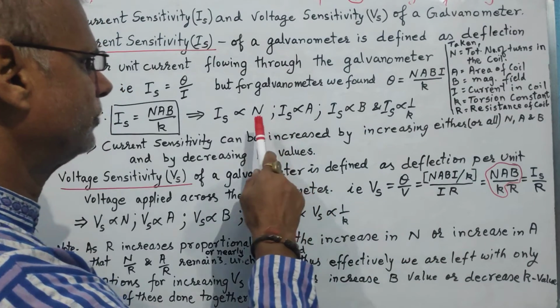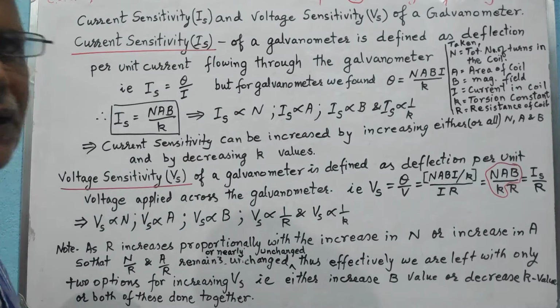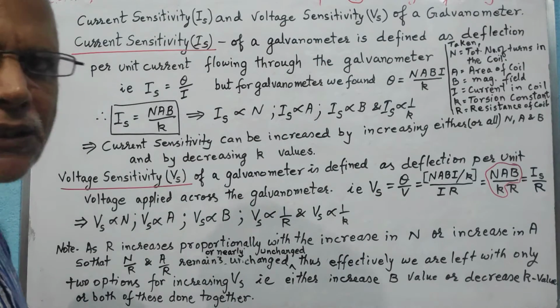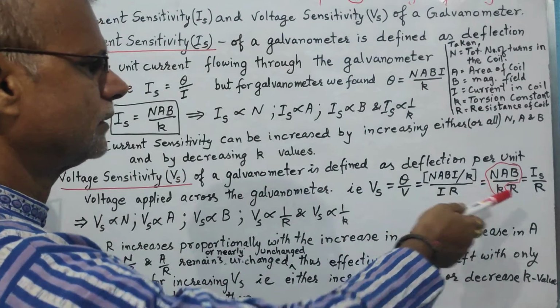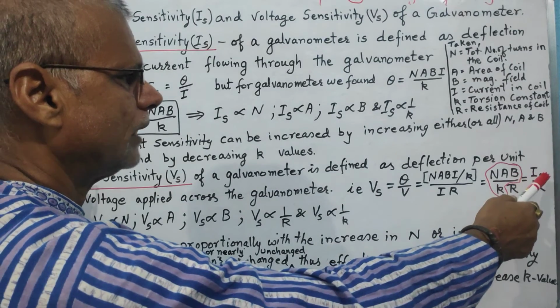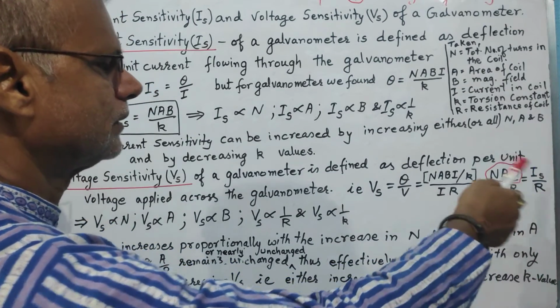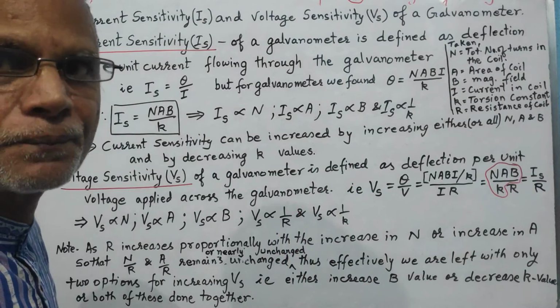But resistance will also increase twice, because you have doubled the number of turns. So the length of the wire is doubled, so the resistance of the wire will be doubled. So the resistance which had some R value now becomes 2R. So 2 into IS by 2 into R. So that means the voltage sensitivity does not change.